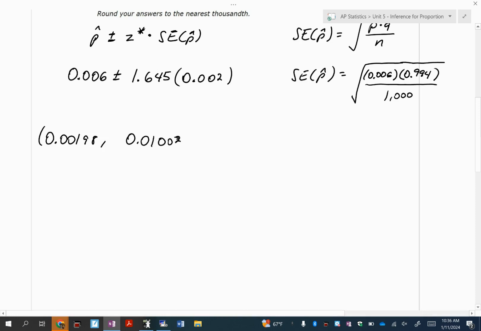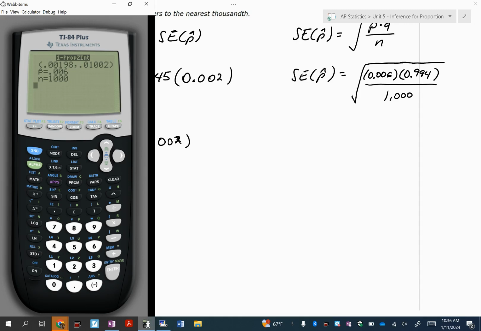So here's what I'm going to show you. If you take one of these numbers, can somebody pick one? Okay, we'll pick the first one. If you take that number, 0.00198, and subtract your p hat, what was our p hat? 0.006. If you subtract that, this is called the margin of error. Ignore the negative, right? This is called the margin of error.